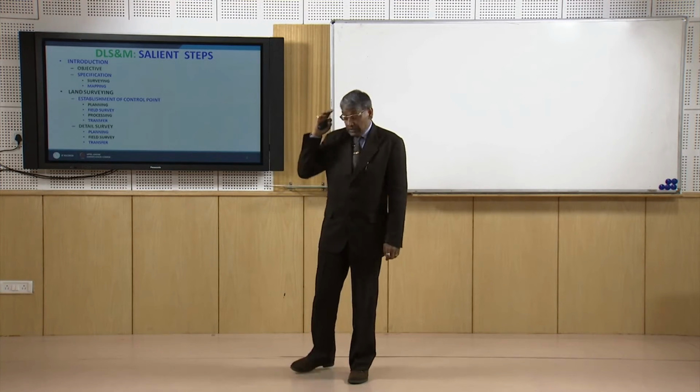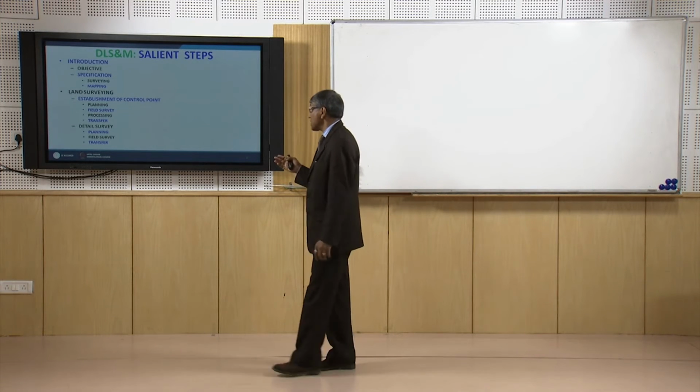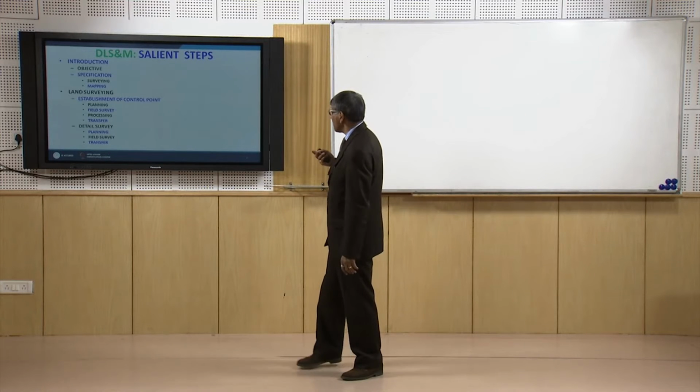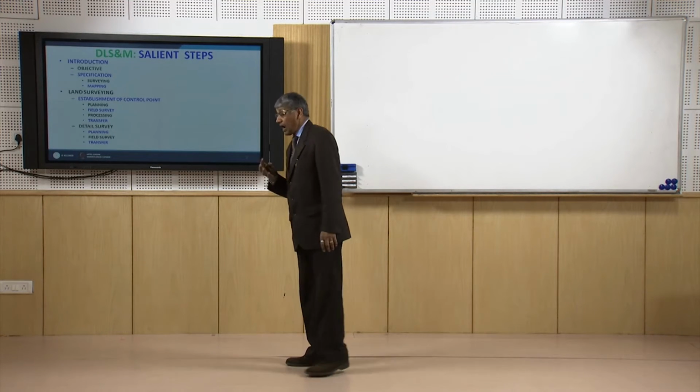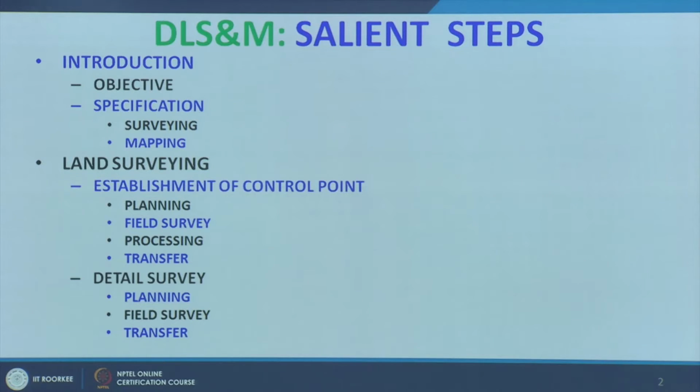Now the station points which can be used as control points will depend upon our specification. So if we want to go for a very high order specification, then we should be very precise about our instrument location, and we should plan accordingly.